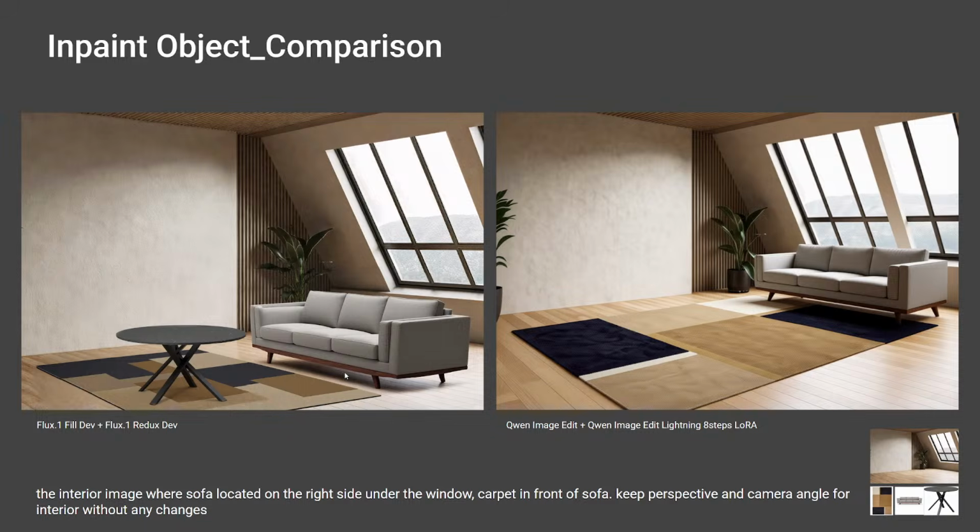And the third thing, the light in this scene, I would say it's not completely fine, for example on the sofa, and how the shadows go, so this image doesn't look really natural.